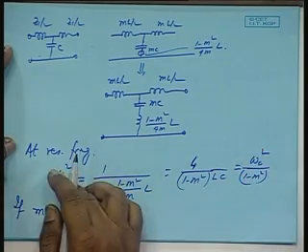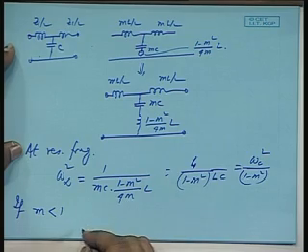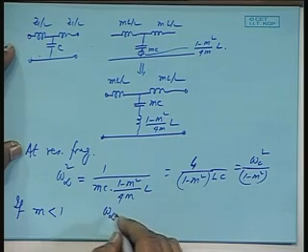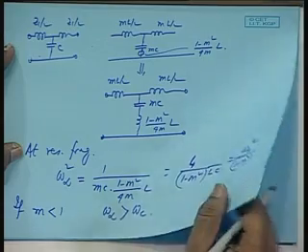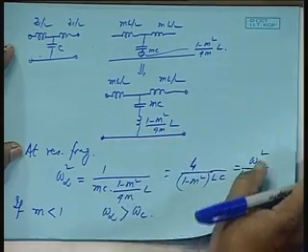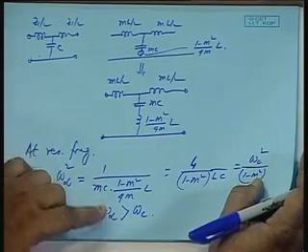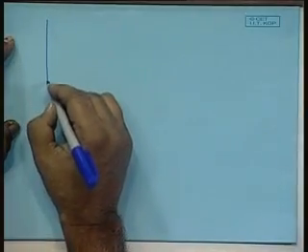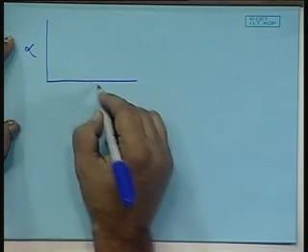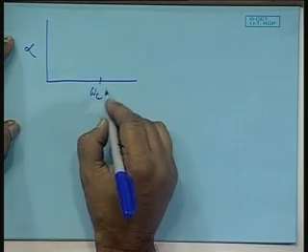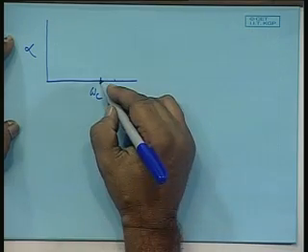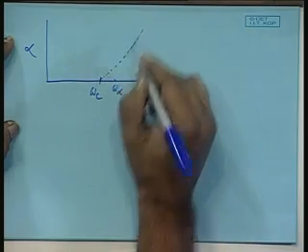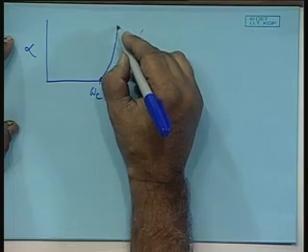So, it will be a frequency higher than omega c. So, omega infinity is greater than omega c. Now, we can adjust the value of m to get the desired value of omega infinity. What happens to alpha? This is our omega c. At some frequency omega infinity, alpha was going on increasing like this. Now, it will be shooting up to infinity at this point.